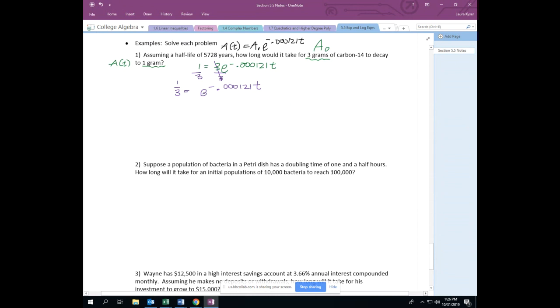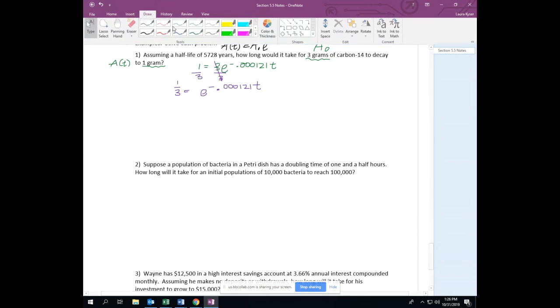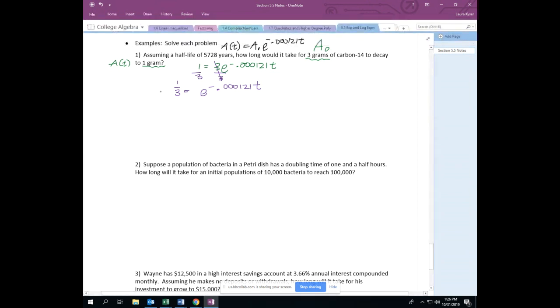But in order to get rid of an e, I'm going to use natural log. So when I use my natural log, I'm going to ln both sides. Again, not actually doing anything at all yet, but the natural log and the e are going to cancel. On this side, I'll have ln of 1/3, whatever that is.